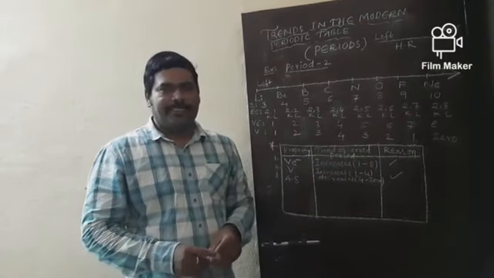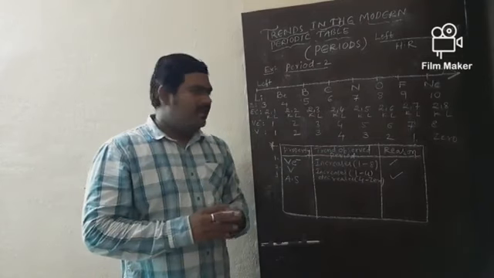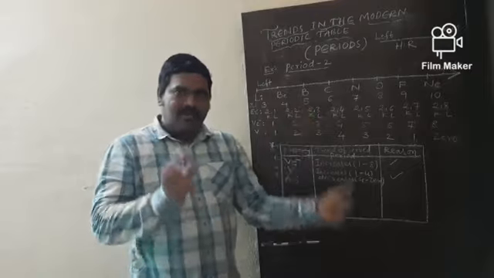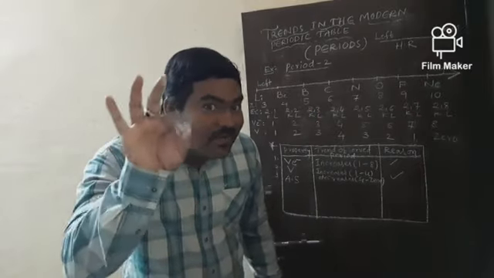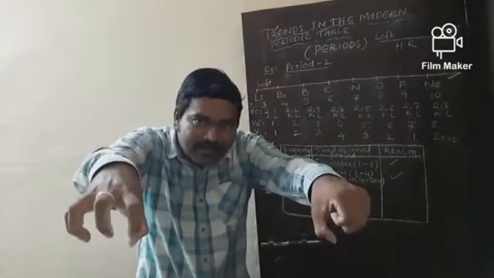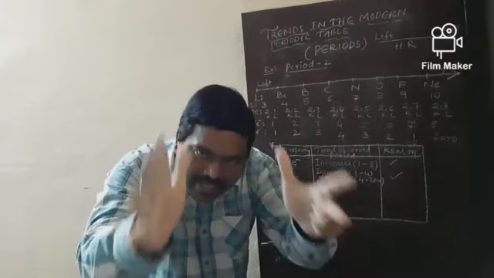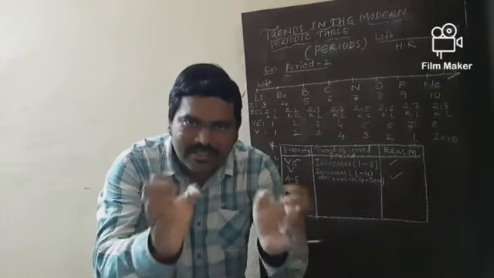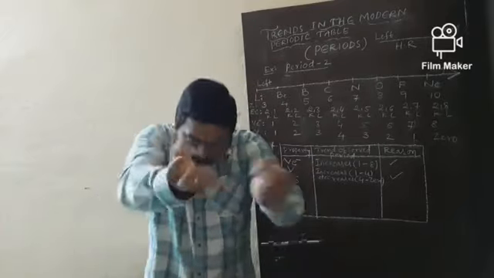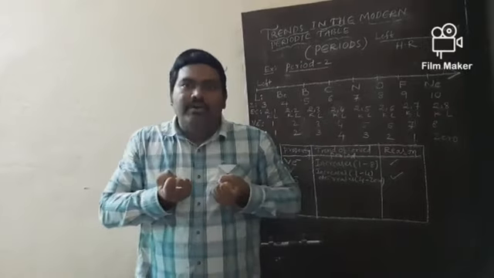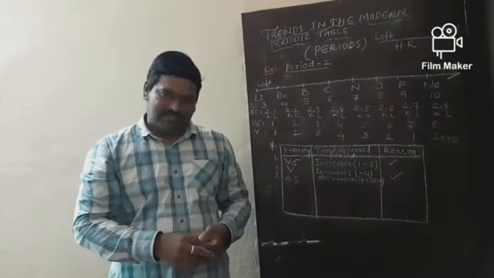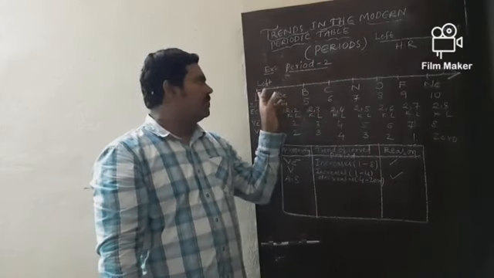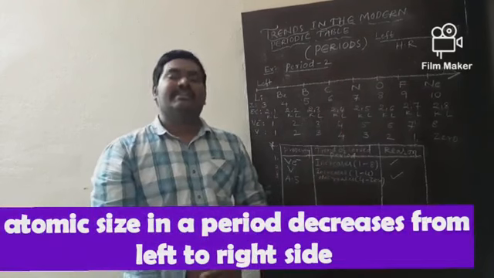Due to the increase in nuclear charge over outermost shell electrons, those electrons are pulled towards the nucleus. That's why atomic size in a period decreases from left to right side.